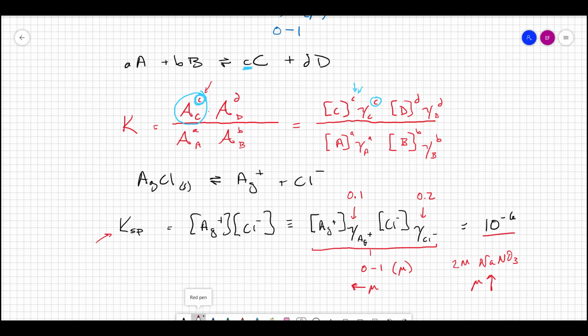If the equilibrium constant is fixed, say it's 10 to the minus 6, I don't know what it actually is, and the apparent concentrations are much smaller, then the reaction can proceed to make more ions. It can increase the concentration of both of those ions because they're much lower than what they would be if we didn't include the gammas, right? So they're going to increase until they again satisfy whatever our KSP value has set for them.